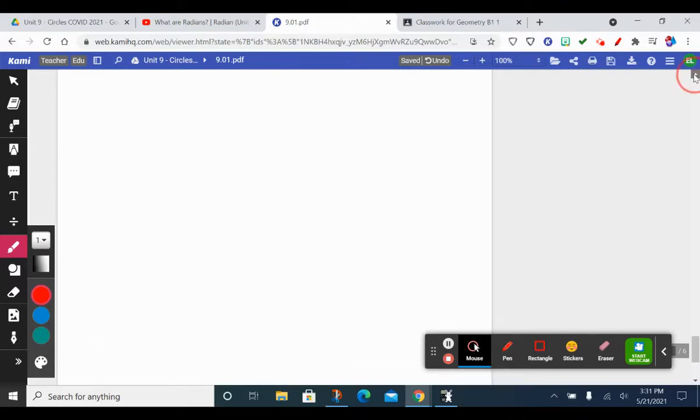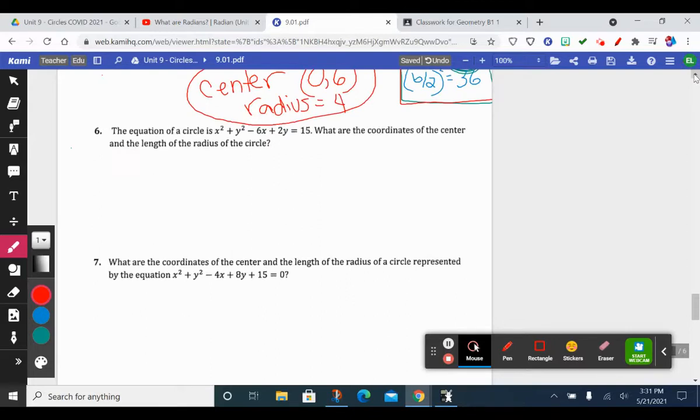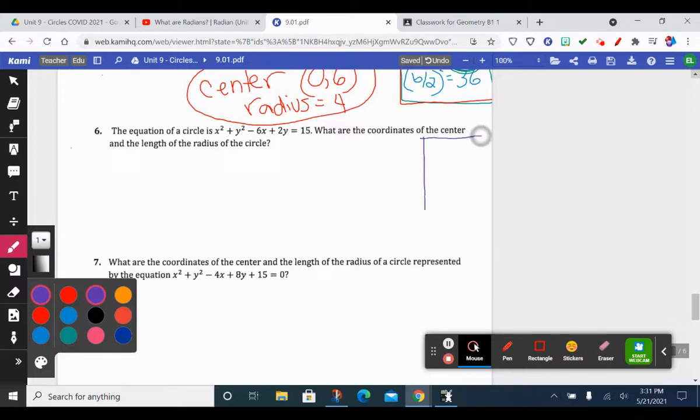Sorry about that. So looking at number 6, I'm going to make myself over here a little b box for x and y. So rewriting this equation, the 15's already bumped to the other side, but I'm going to regroup my x's together.